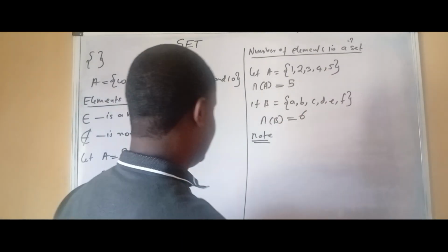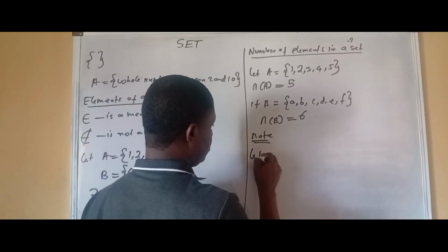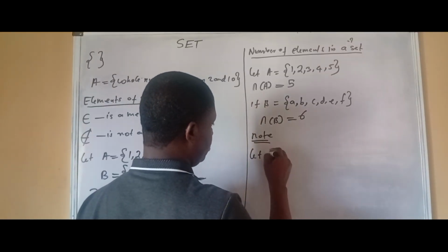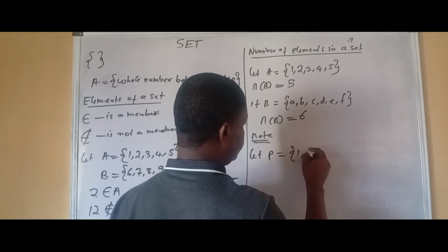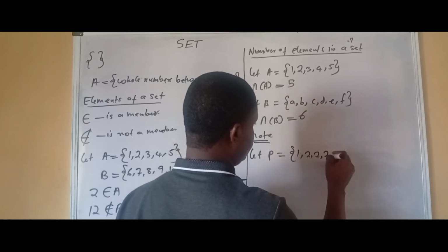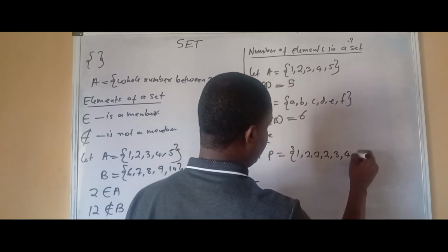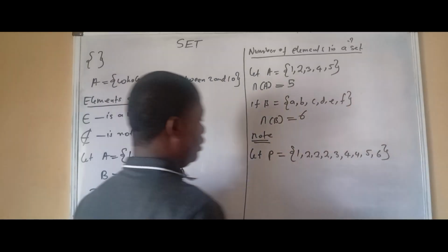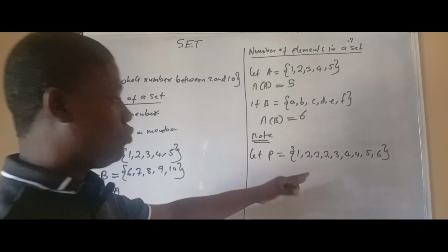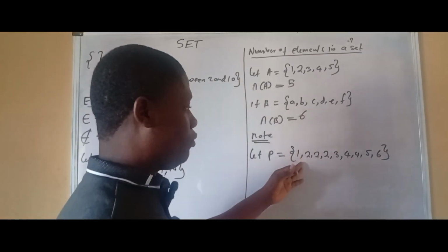I want you to note that when elements are repeated, we count them as 1. For instance, let C be equal to a set of 1, 2, 3, 4, 5, 6. Now, let P be equal to this set. Here you can see that some of the elements are repeated.